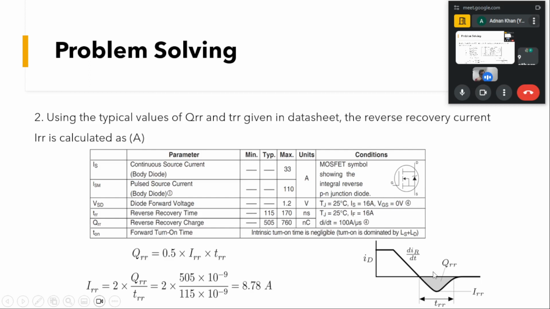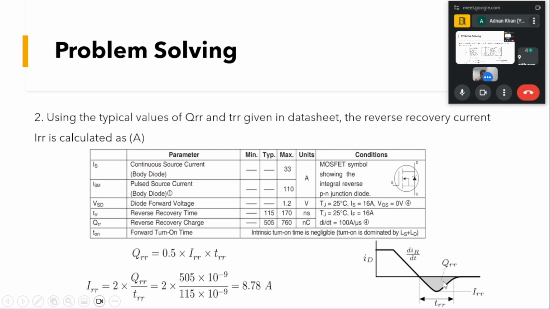Here we assume that QRR is a perfect triangle. TRR forms the base of this triangle, and what we have to calculate is IRR, the peak of the triangle. We are given QRR and TRR, and the area of a triangle is one half base times altitude.